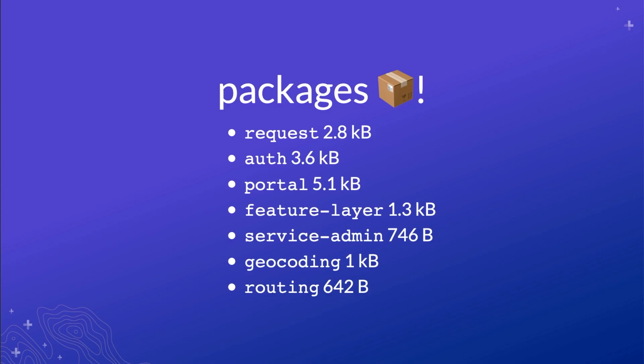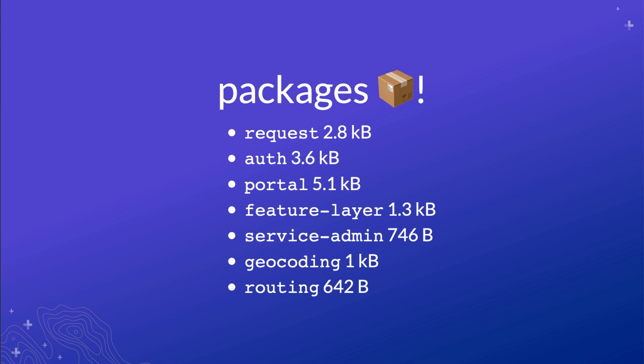Noah? Thanks, Allison. So this is the set of packages we have so far in the REST.js library. We have the base request package that other packages build on top of. Auth contains different methods for handling authentication, user session, tokens, etc. Portal is for interacting with users, groups, and items in ArcGIS Online or your enterprise portal.